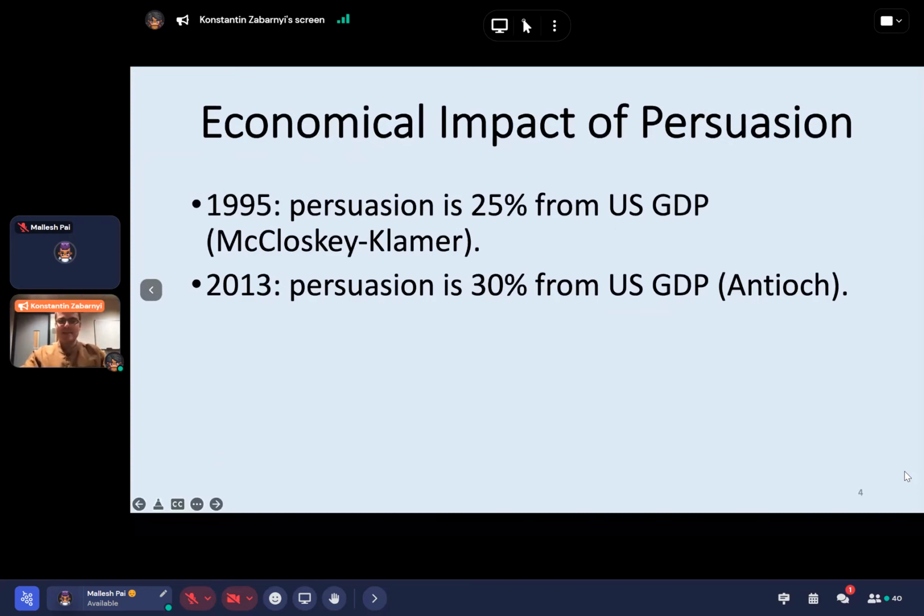According to a study of 1995 by McCloskey and Klamer, persuasion is responsible for about 1/4 of the US GDP. And a more recent study from 2013 by Antioch updates this figure to 30% of US GDP.